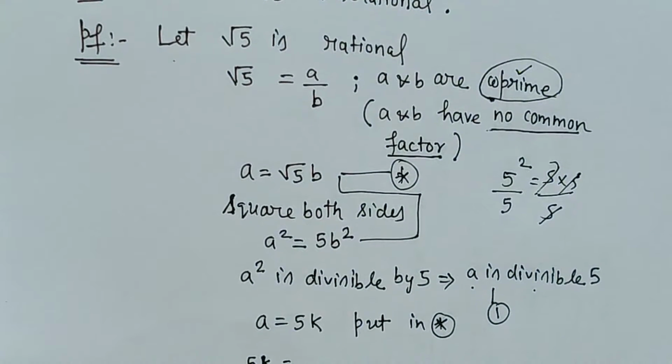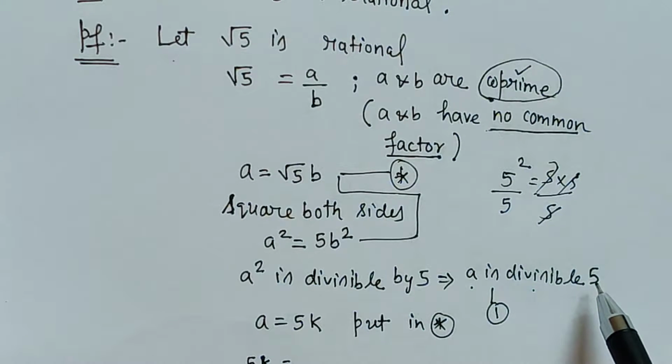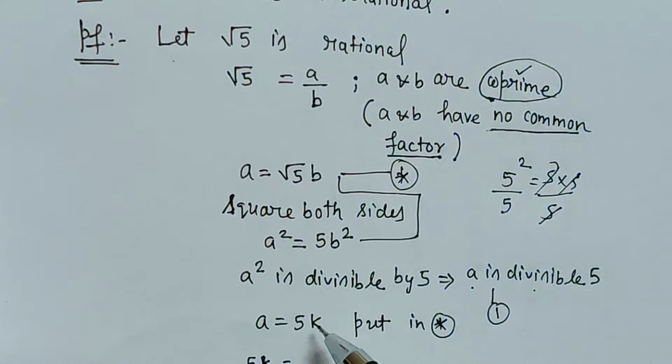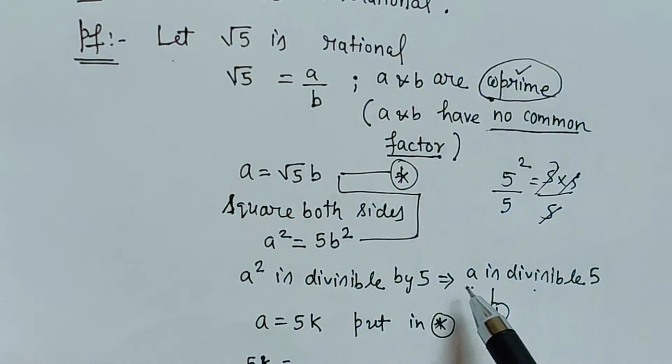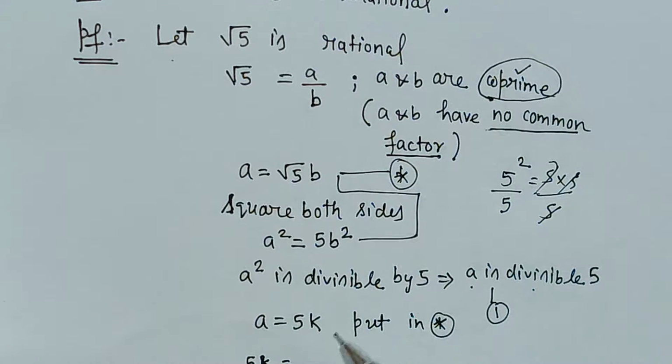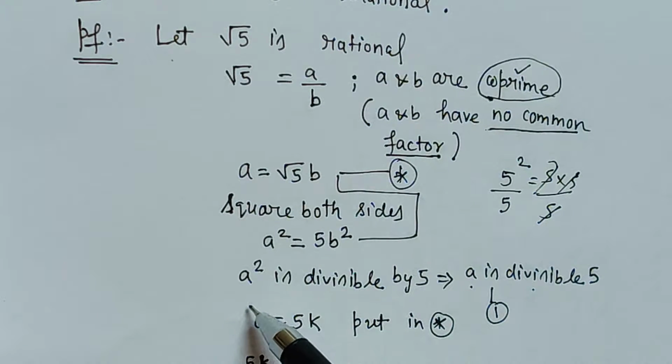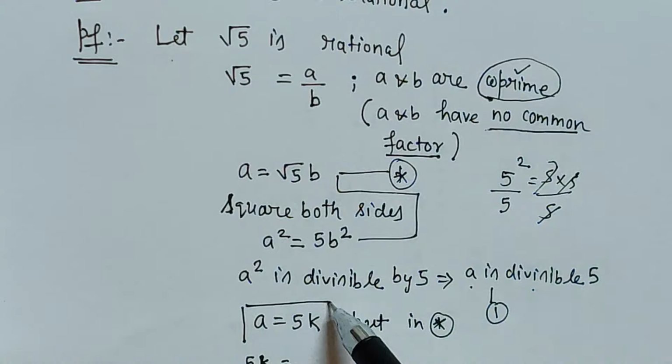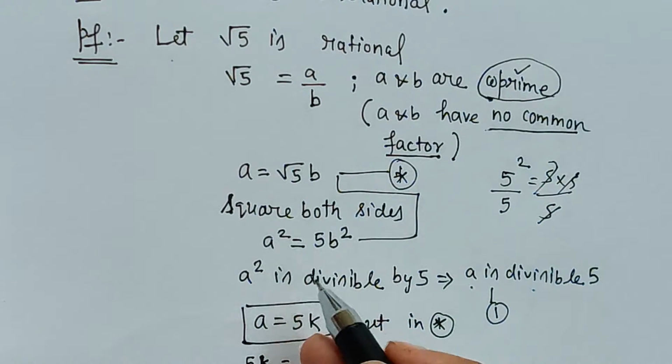If any number is divisible by something, what does it mean? It means that when that something is multiplied with another number, we get that number. A is divisible by 5 means that 5 into something is a, so a is equal to 5k. Then we put this value of a, equal to 5k, in this equation.